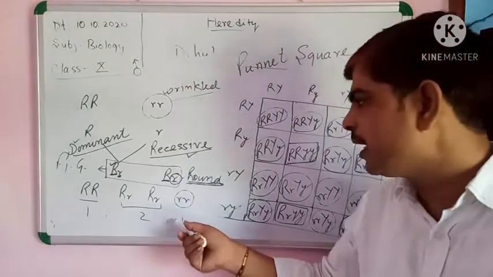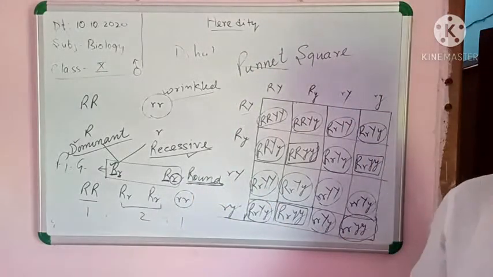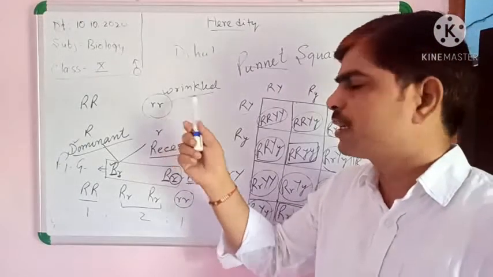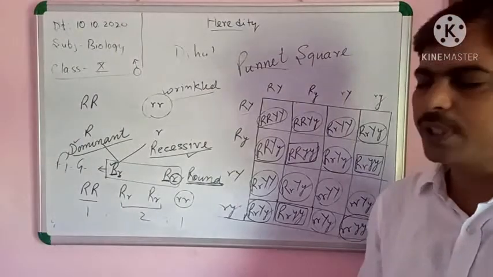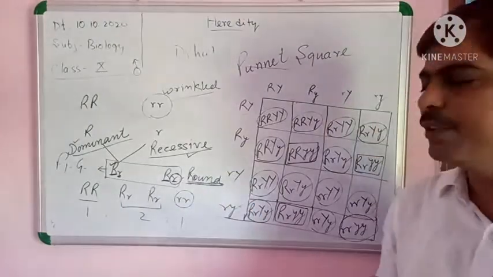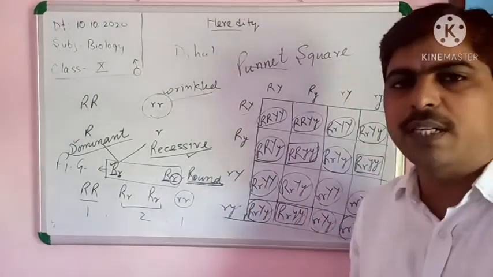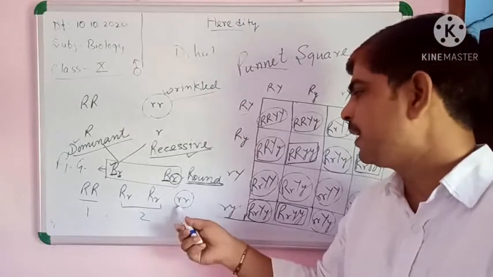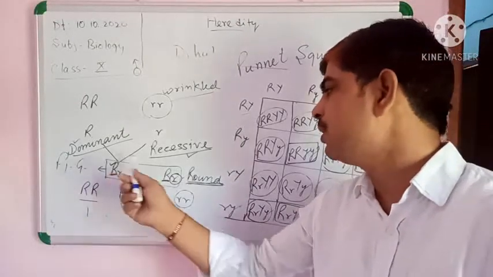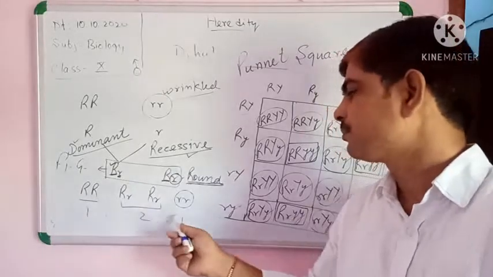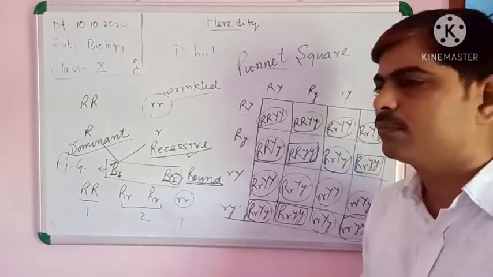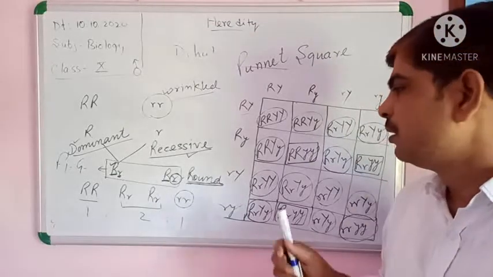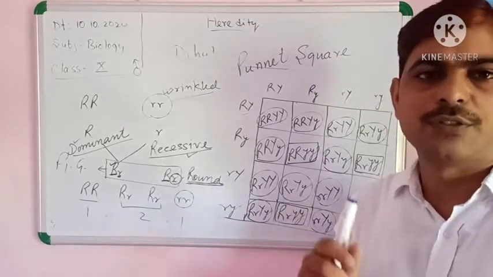Okay, and in F2 generation you are seeing that the character that disappeared is appeared again. Okay, without any control, it itself independently. Okay, it has been segregated from rest of the combinations. So this can be called as the law of segregation.